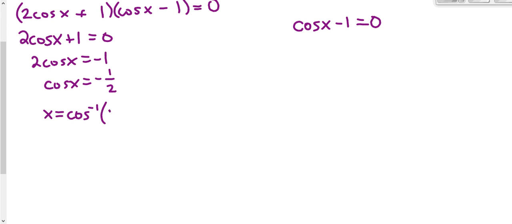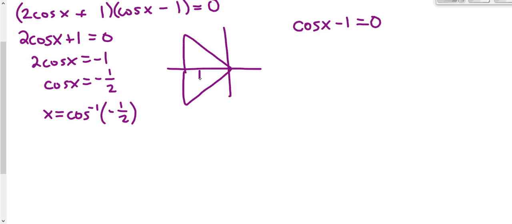If cosine is negative, we're in quadrants 2 and 3. We would have 1 as the adjacent and 2 as the hypotenuse. So that means our reference angle is 60. So that means our answers are 120 and 240.